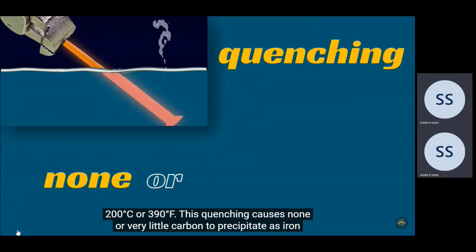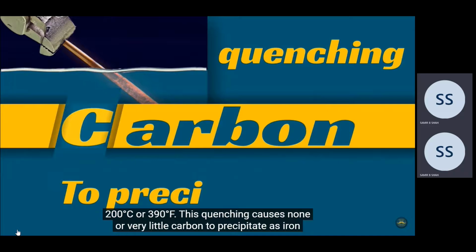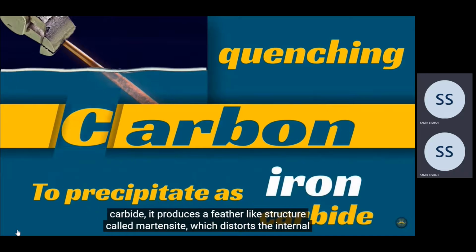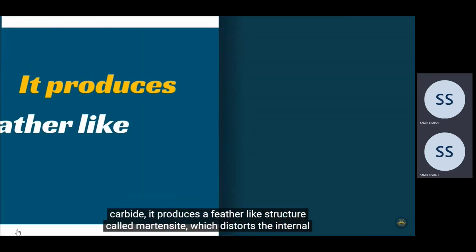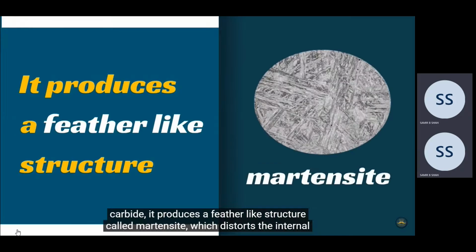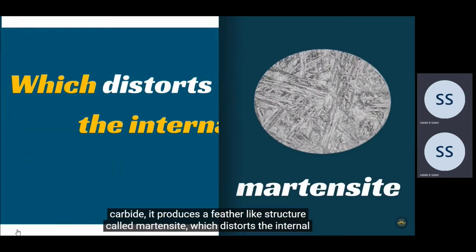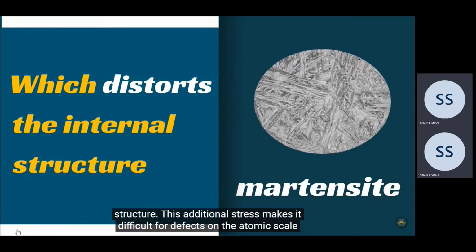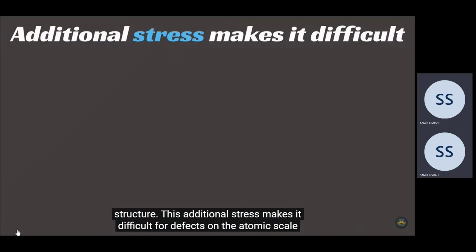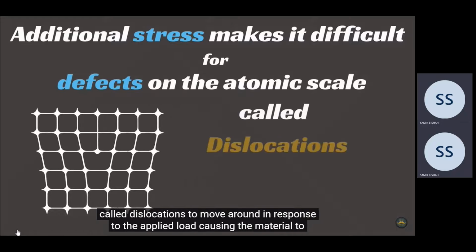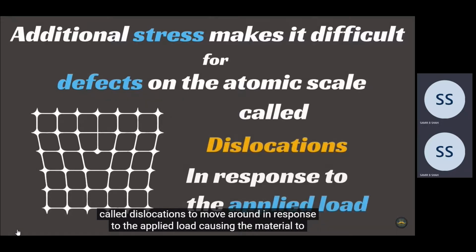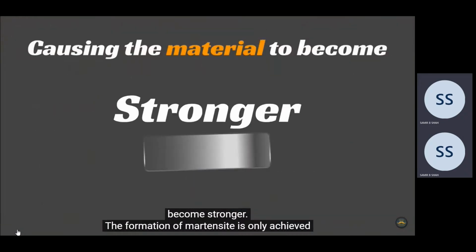This quenching causes none or very little carbon to precipitate as iron carbide. It produces a feather-like structure called martensite, which distorts the internal structure. This additional stress makes it difficult for defects on the atomic scale, called dislocations, to move around in response to the applied load, causing the material to become stronger.